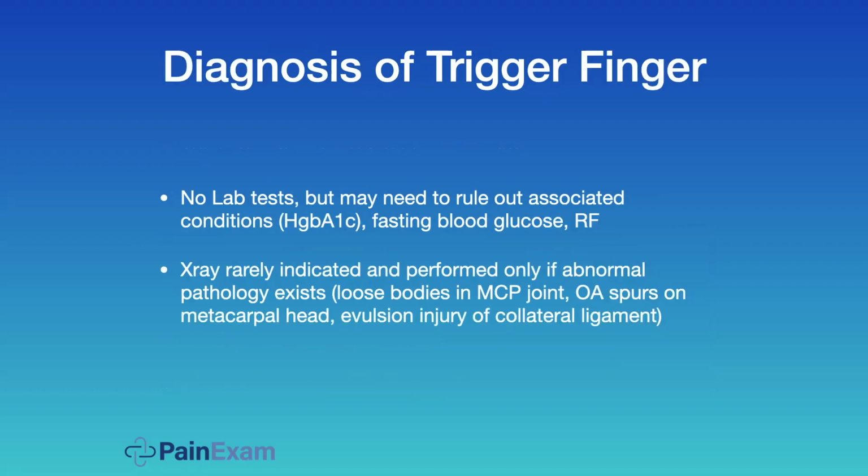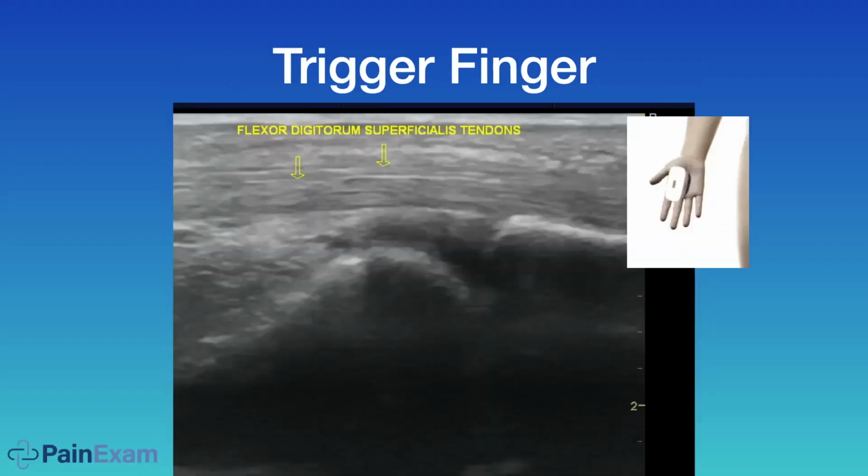You could do a lab test to rule out the associated illnesses, such as check a hemoglobin A1C, fasting blood glucose, check rheumatoid factor. X-rays are rarely indicated and performed only if there's abnormal pathology existing. You can find loose bodies in the metacarpal phalangeal joint, osteoarthritic spurs on the metacarpal heads, avulsion injuries of the collateral ligaments.